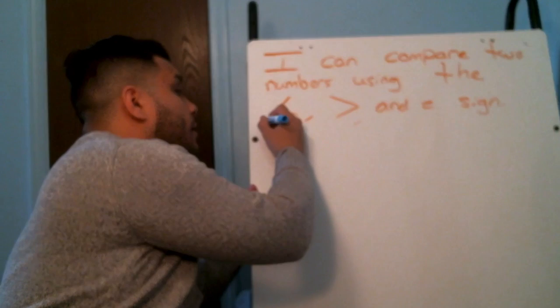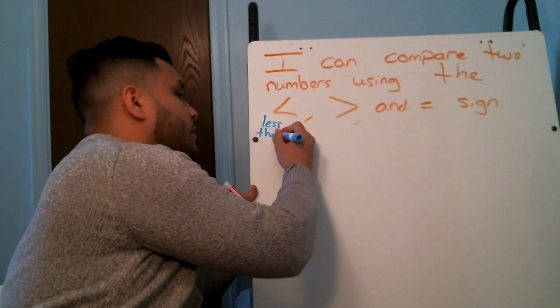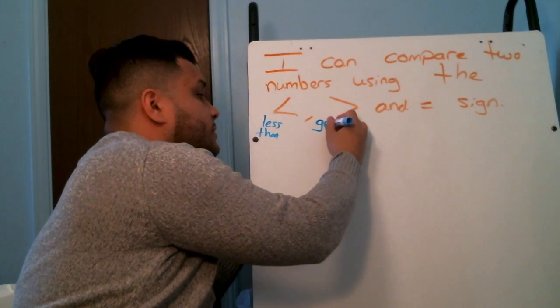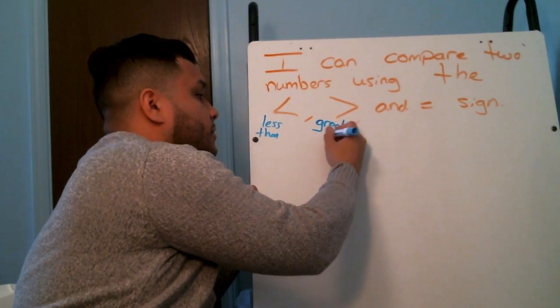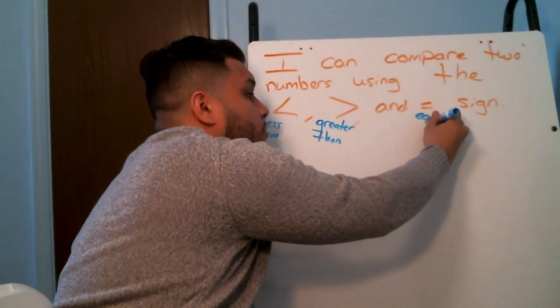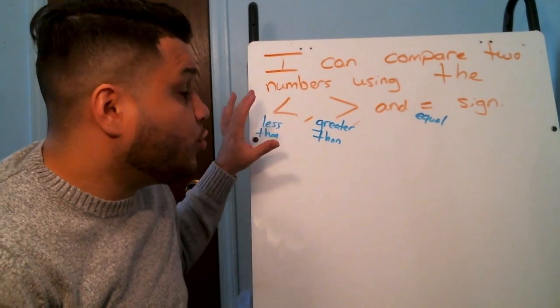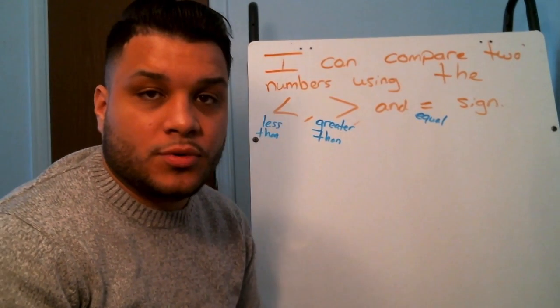This symbol means less than. This symbol means greater than. And this symbol means equal. Today we are going to learn how to properly use these symbols.